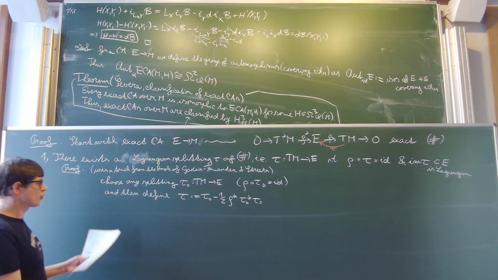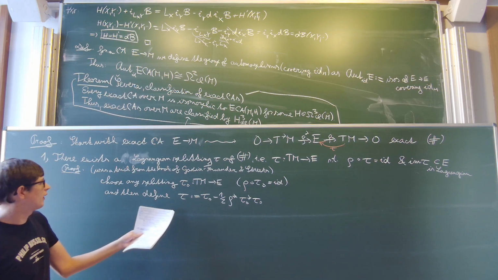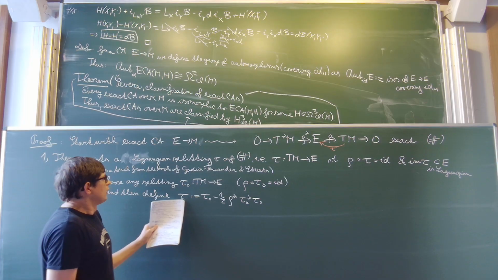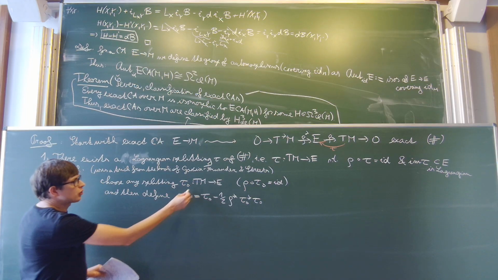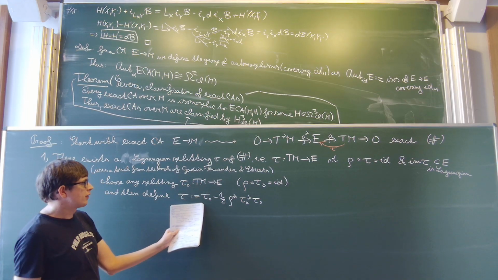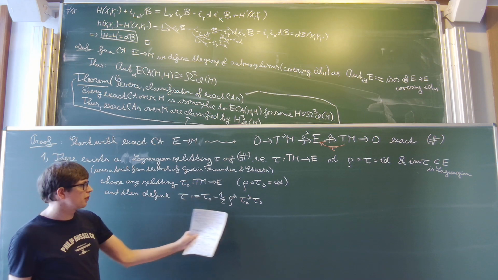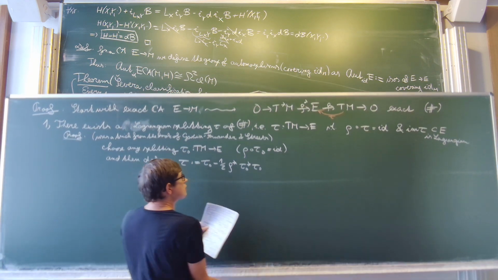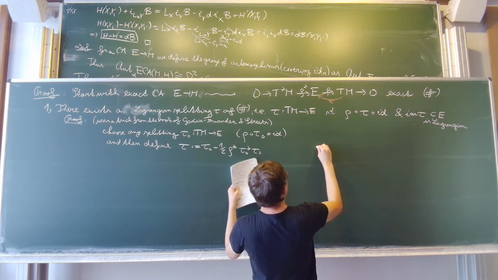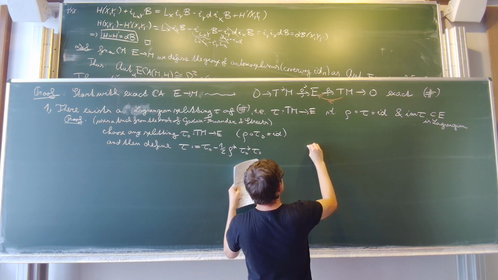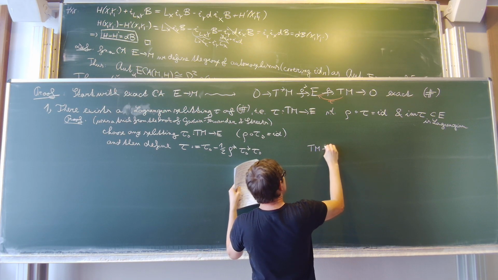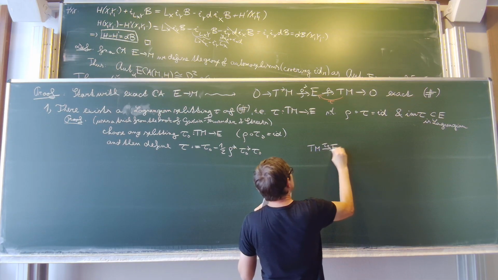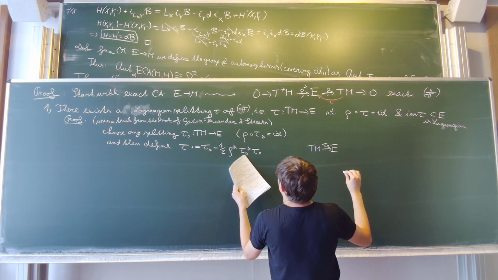Okay, but let's first check if this is actually well defined and meaningful. So these guys should go from TM to E. So tau 0 does go from TM to E. Now what about the second term? So here in the second term, I start with tau 0. So tau 0 sends me from this guy to E. Then I apply tau 0 star.